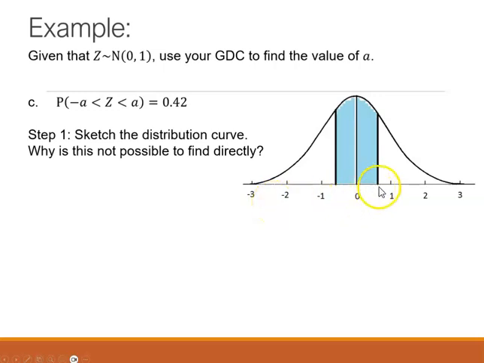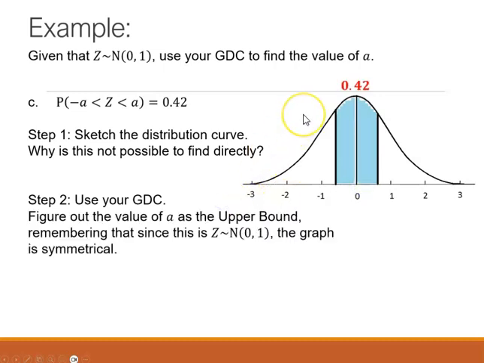So what I'm going to do is find the probability for one section, and then subtract out the other one. If this is 0.42 for the whole thing, each of these two sections is 0.21, correct?